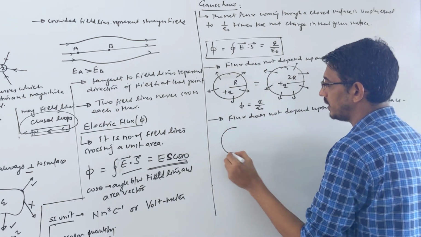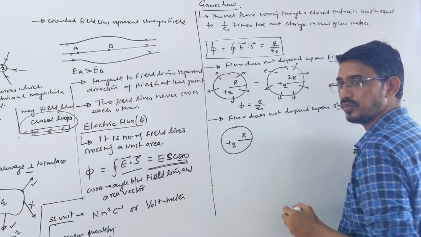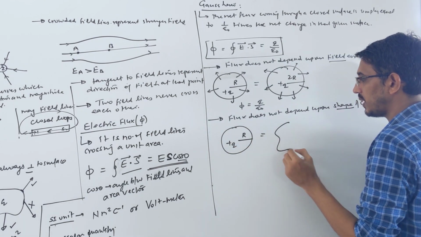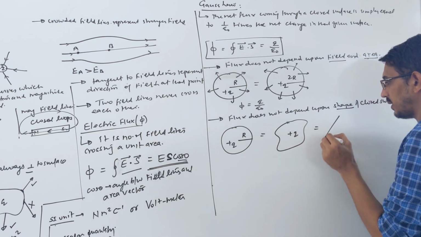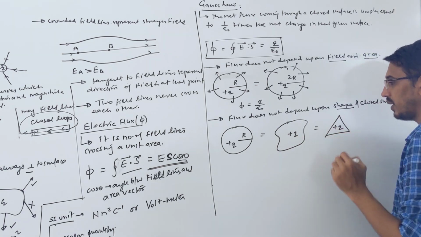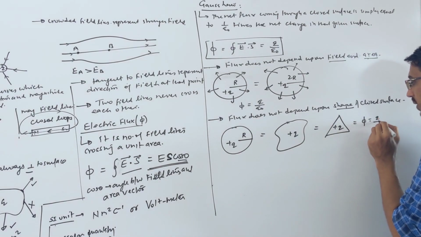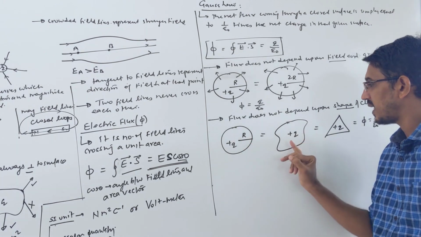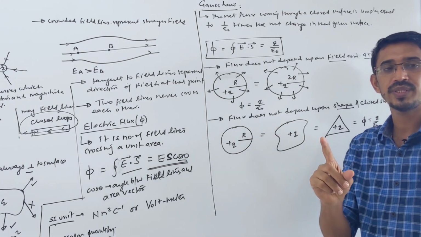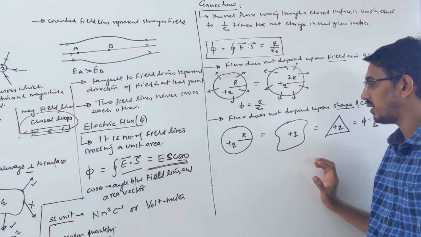Suppose the charge was placed in this sphere of radius r, this is a plus q. Flux will be the same if we put it into another shape like this, or any picture, doesn't matter. The net flux in all three cases will be Q upon epsilon naught only. Any type of shape, we just need a closed surface, flux will be the same. The number of field lines coming through will be exactly the same.